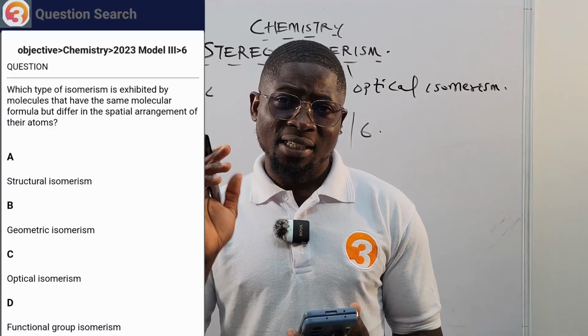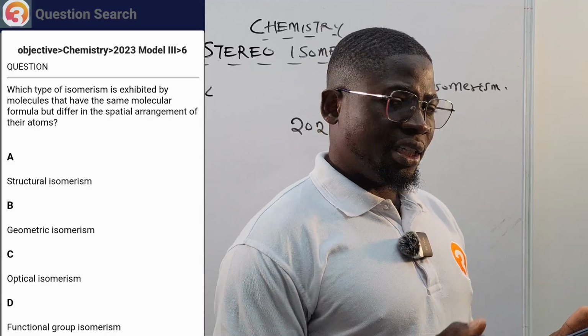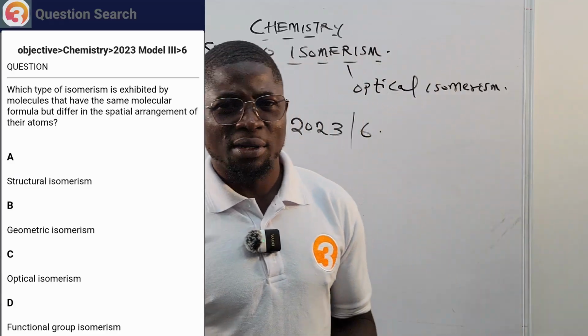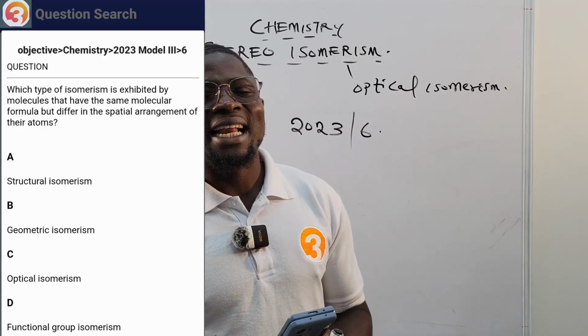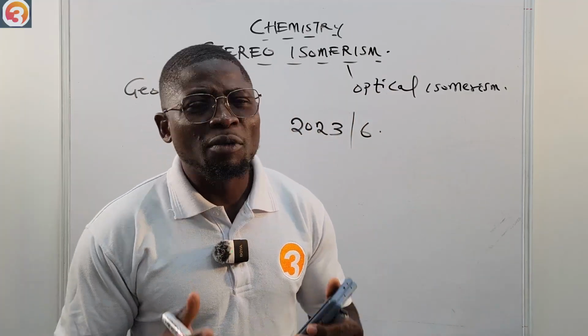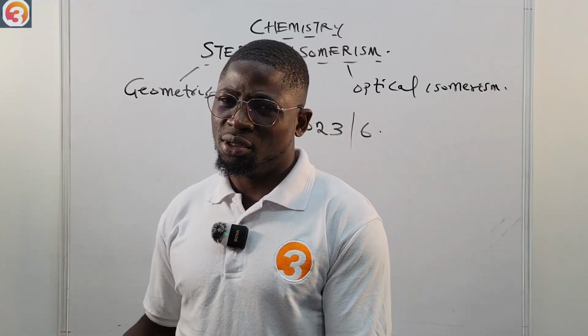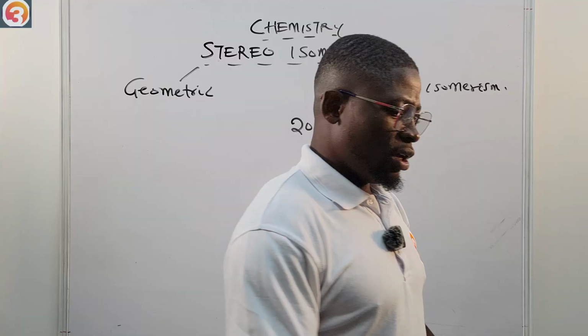C, optical isomerism. D, functional group isomerism. I'm going to come back to this question and many more questions at the end of the class and not before. So please make sure you stay to learn first before you jump into answering questions, so that you have a vast understanding of the topic in question.